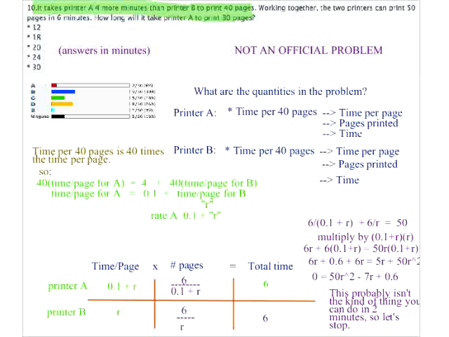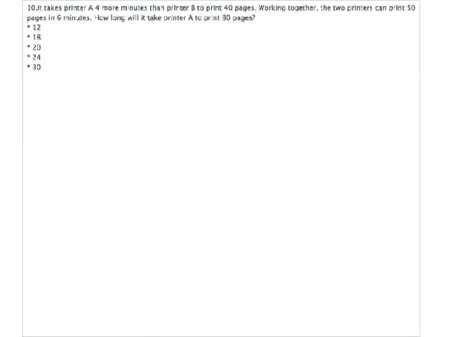Let's do this without algebra. Does anybody know how we could do this without algebra? Notice you can't do the third grade method here because you don't have given rates. But what can you do as a backup method?